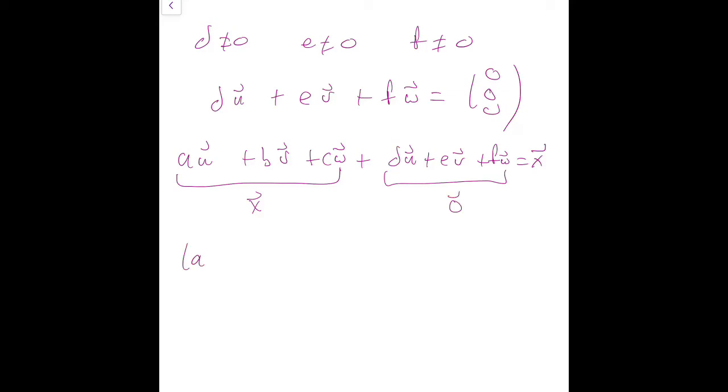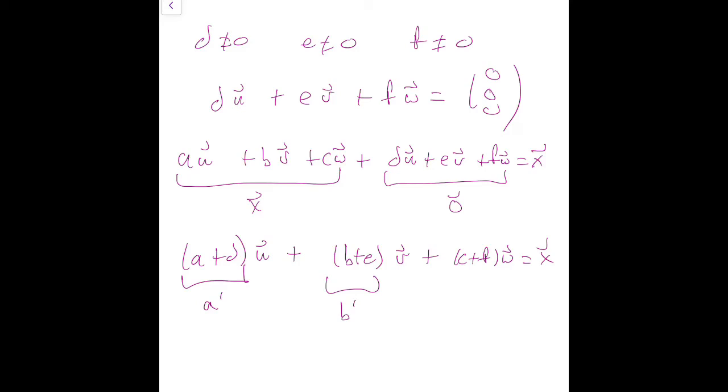So in other words, the linear combination (A plus D)U plus (B plus E)V plus (C plus F)W is equal to X. Now we'll say A prime is equal to A plus D, B prime is equal to B plus E, and C prime is equal to C plus F. Since D, E, and F are none of them equal to 0, it means A prime is not A, B prime is not B, and C prime is not C. Okay, so now think about what I'm about to say.